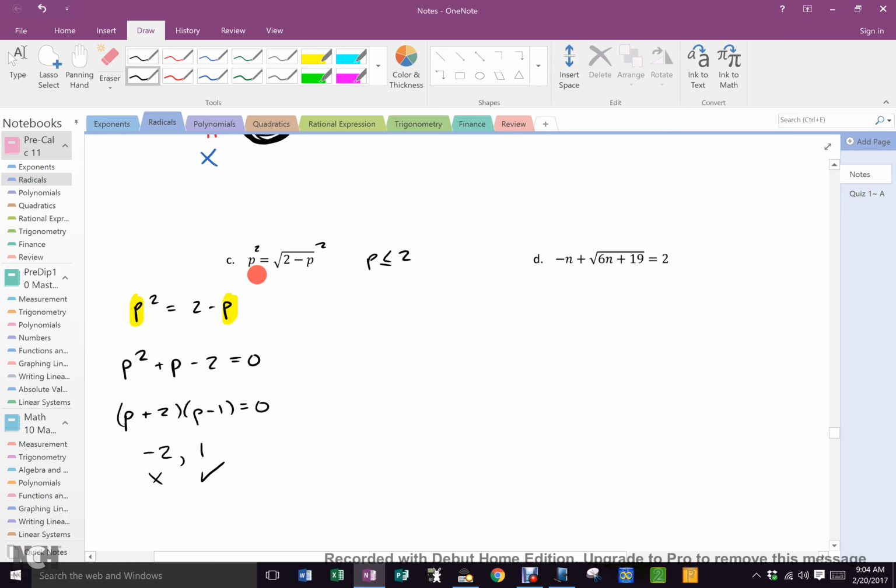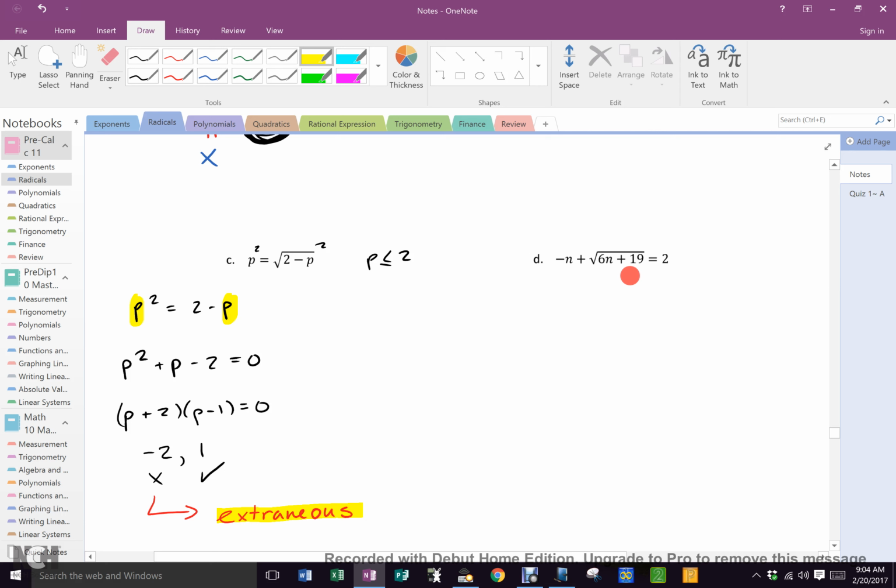Got it? This root is what we call extraneous. It is an extraneous root. Sometimes you'll have 1. Sometimes you'll have 2. It depends if we're doing a cube root.